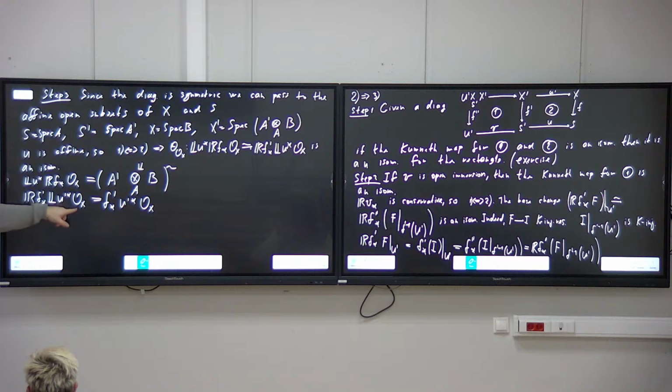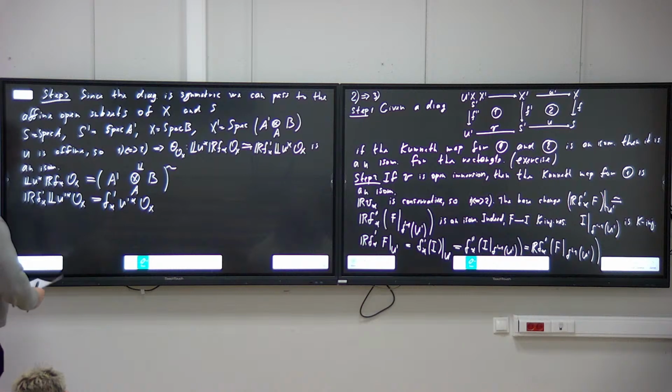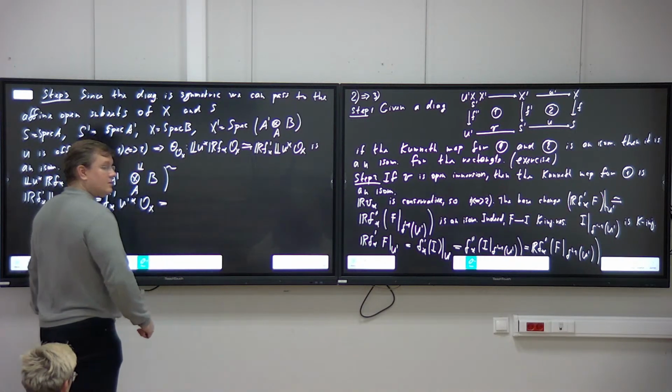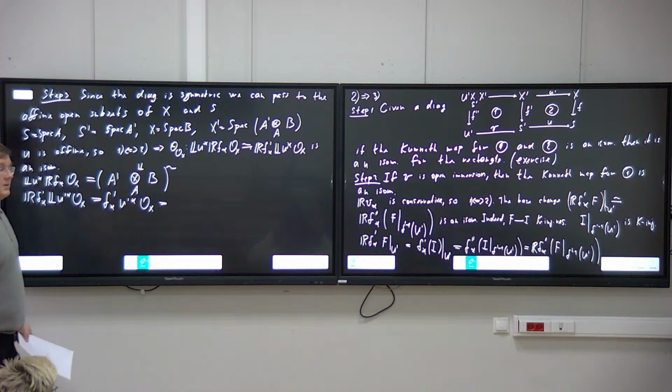Well, that is because O_X is a flat object, so on this object I don't need to derive it. And for f prime, because everything is affine, I don't need to derive f prime. So that's the first observation. Now, for the second observation: why didn't you derive u prime? Because O_X is flat.